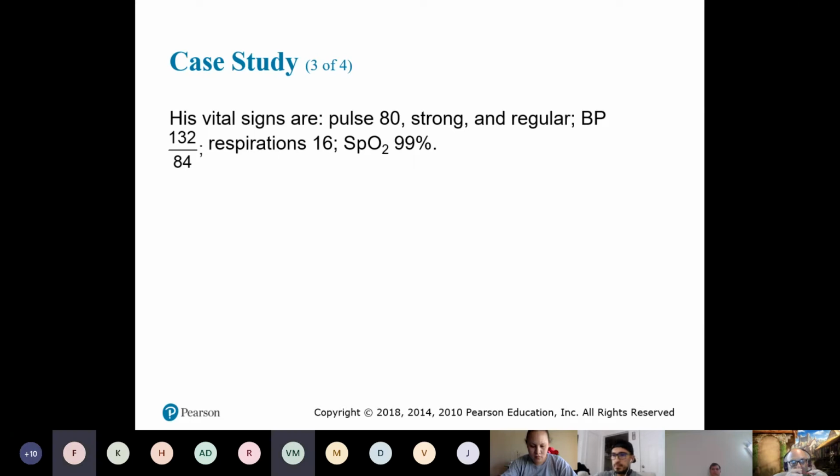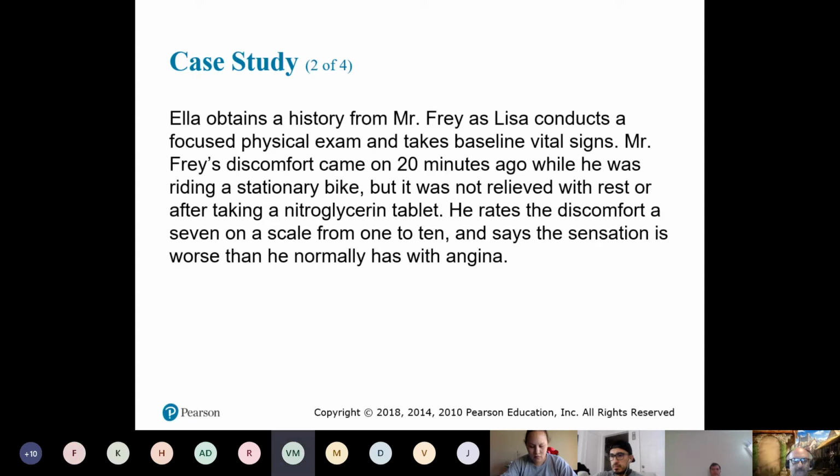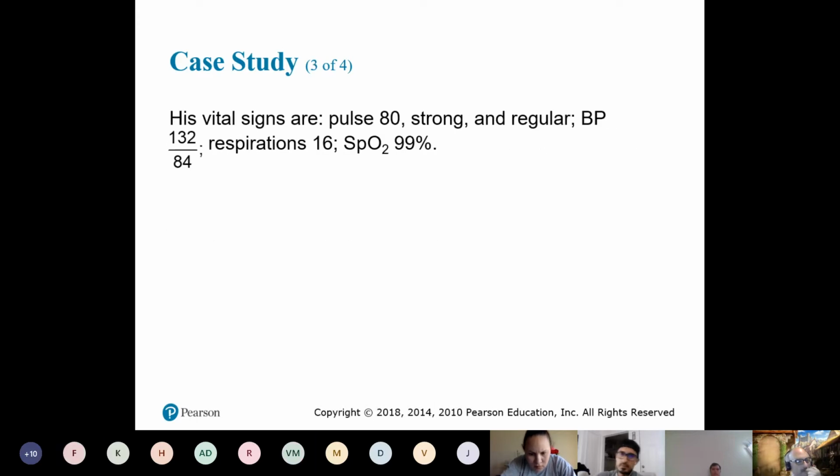Because his systolic BP isn't under 90. So are you going to give him more nitro just because you can? Yes, because his pain hasn't gone away, and he's taken it once.